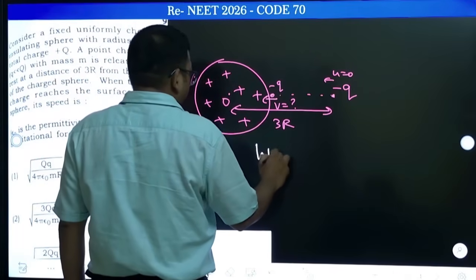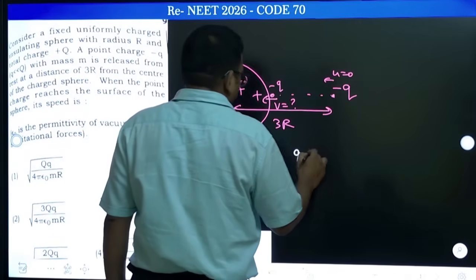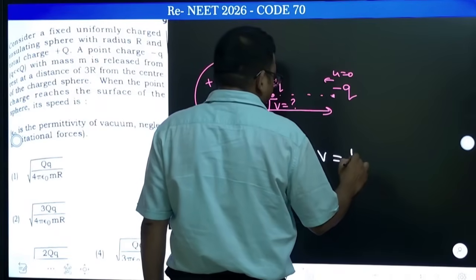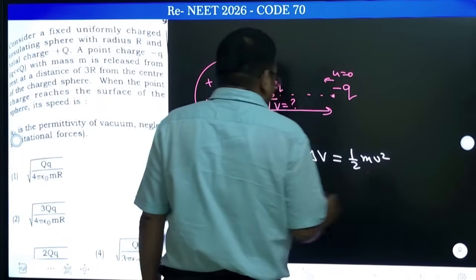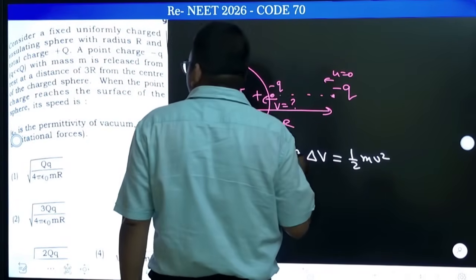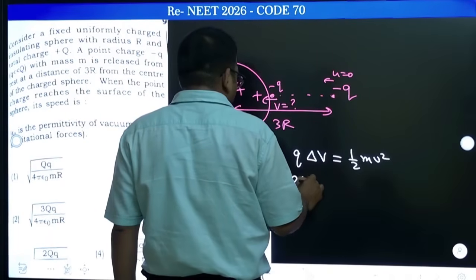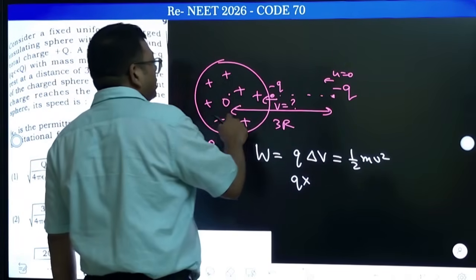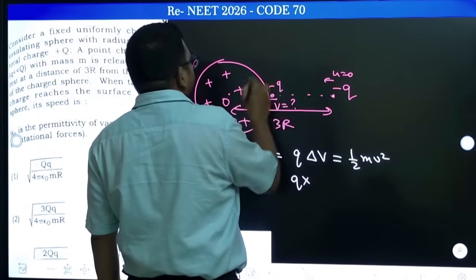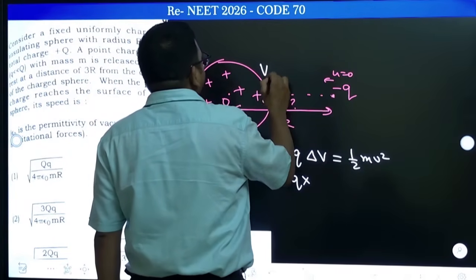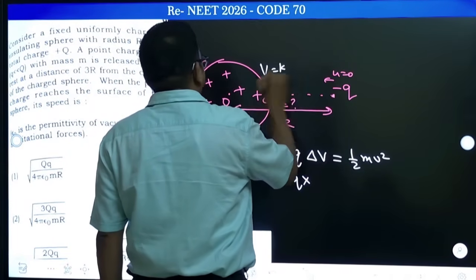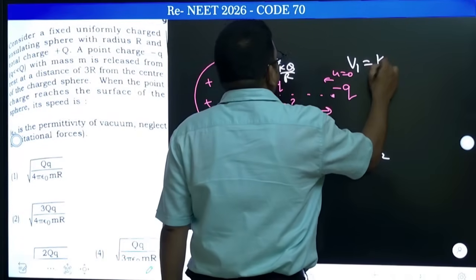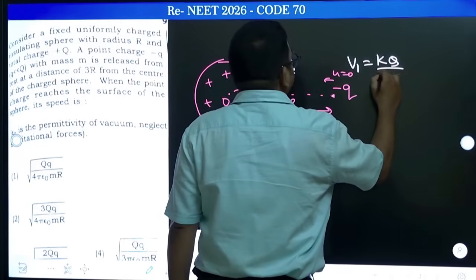Work done is charge times change of potential, and that is going to be the change of kinetic energy, half mv square. So let us take the charge magnitude as q. Change of potential: you calculate with the potential formula. Potential at the surface is V2 = KQ by R, and here the potential will be V1 = KQ by 3R.